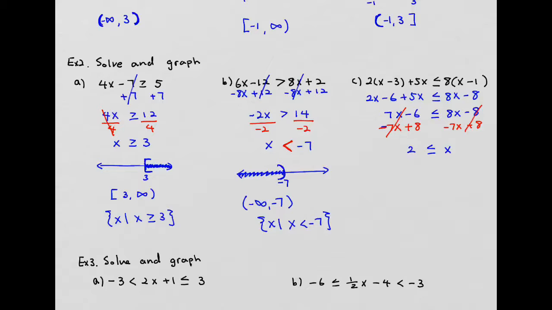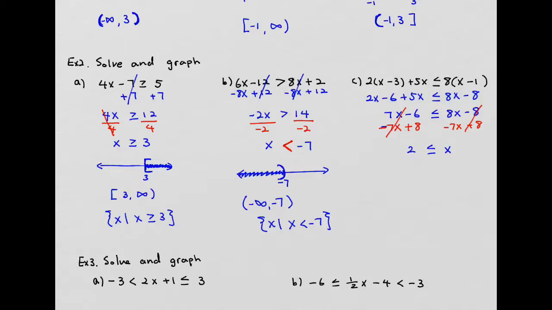So since we didn't have any negative, you don't have to divide. So this is going to be, you're going to read it always from the variable. So you're going to read it from the right side. Your x is on the right side. So you're going to say x is greater than or equal to 2 this time, right?